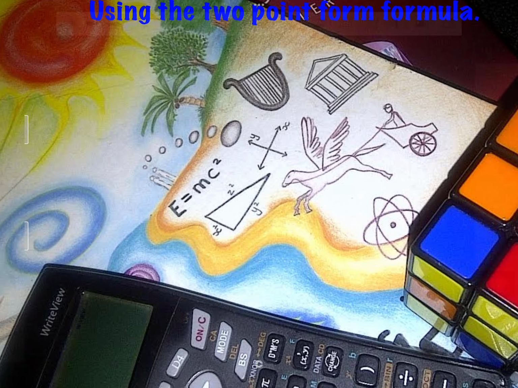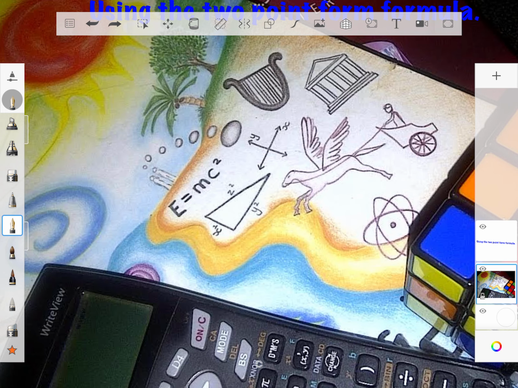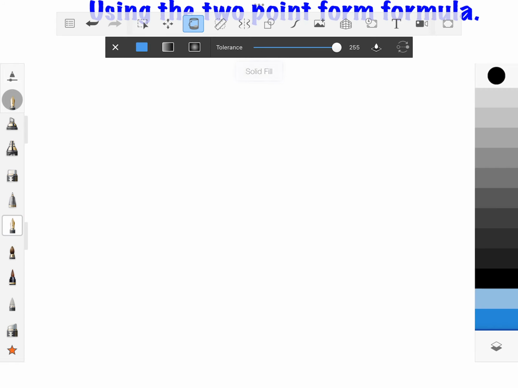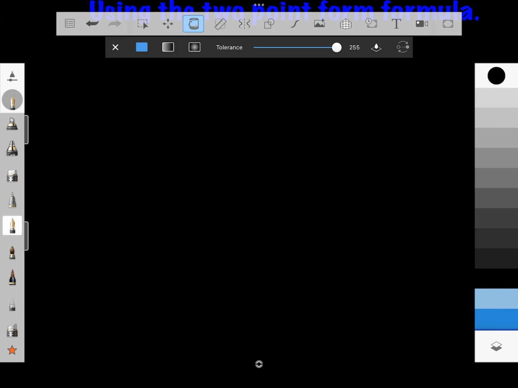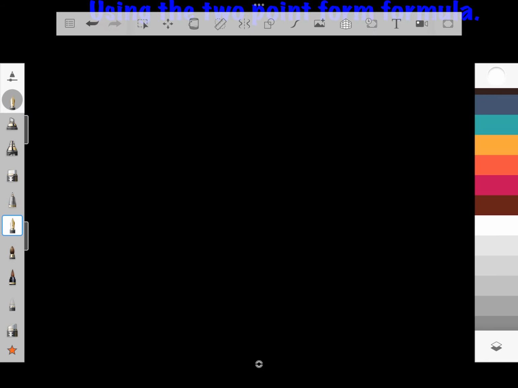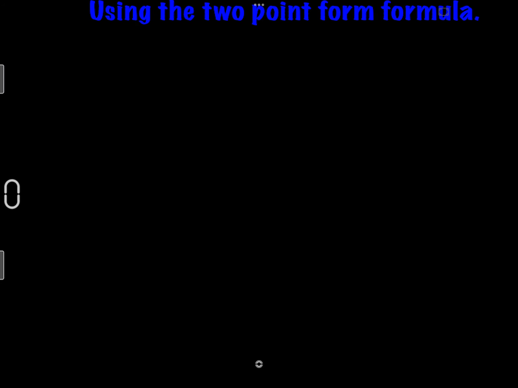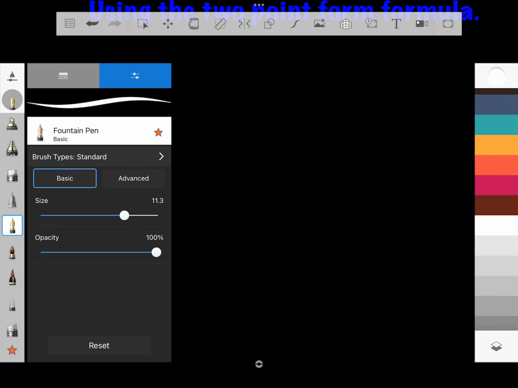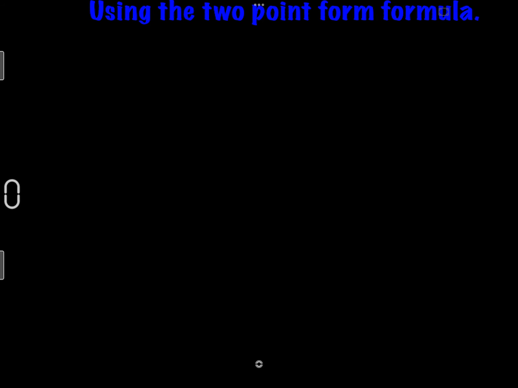So for instance, suppose we are to use the two-point formula and we are given two sets of coordinates.